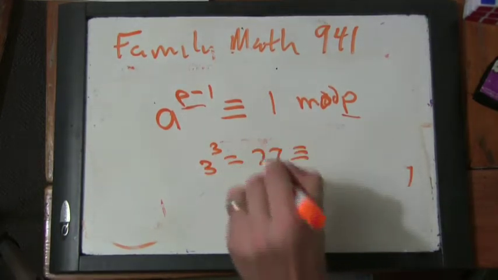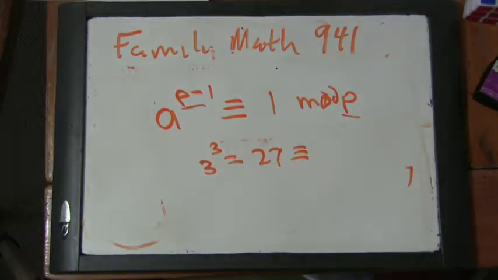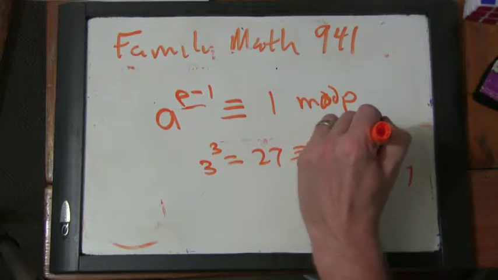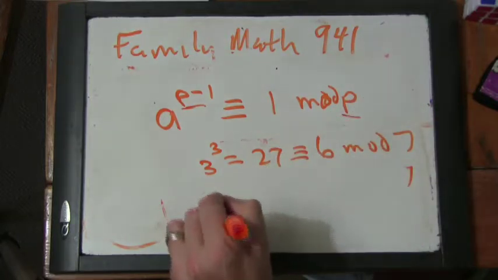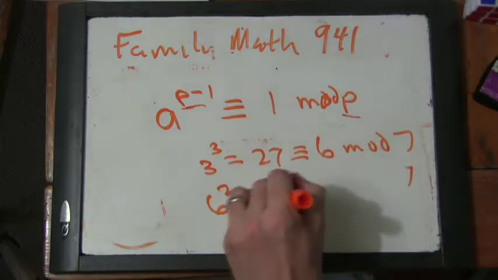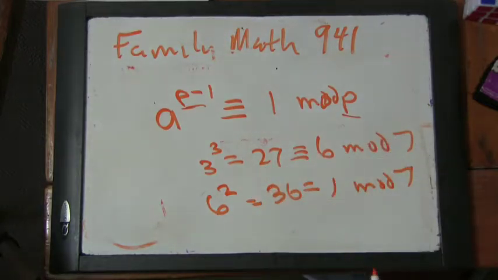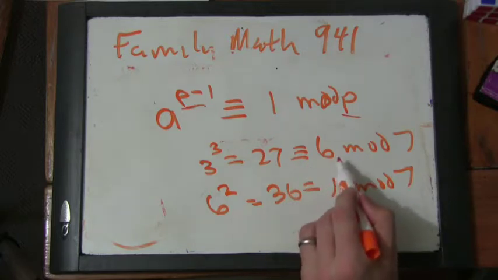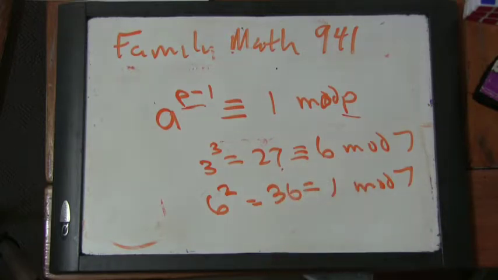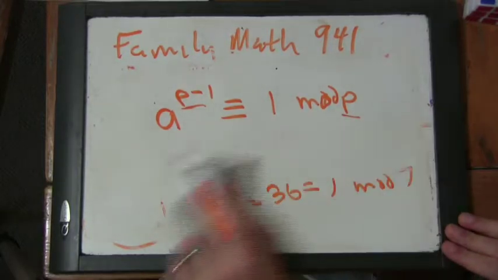Mod 7, that's 6. And then we have to square that. 36, which is 1 mod 7. Another thing you could have said is that this was congruent to minus 1 mod 7. Okay, so that seems to be true for 3.